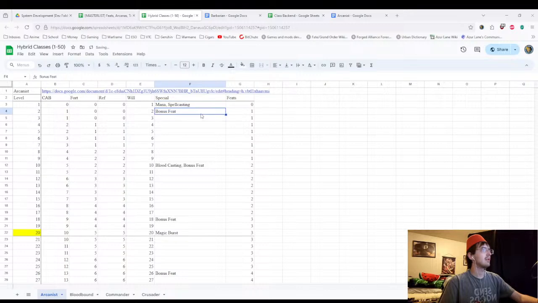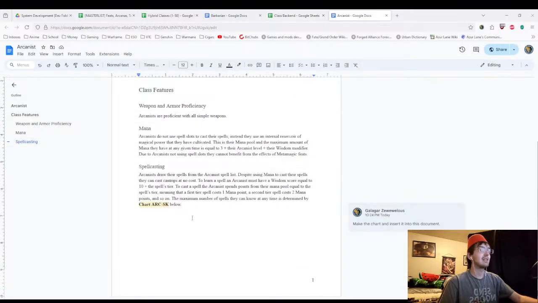Right, so bonus feats. When do they get their feats? It's 2 in every 8. That's slow, but then again, this is going to be a really heavy and potentially really powerful arcane class, so having slow feat gain is probably for the best.